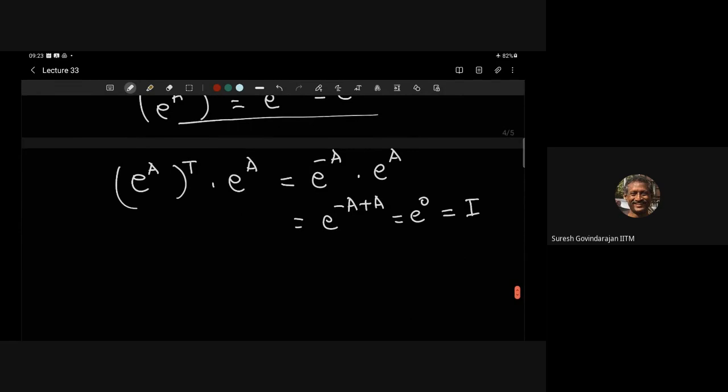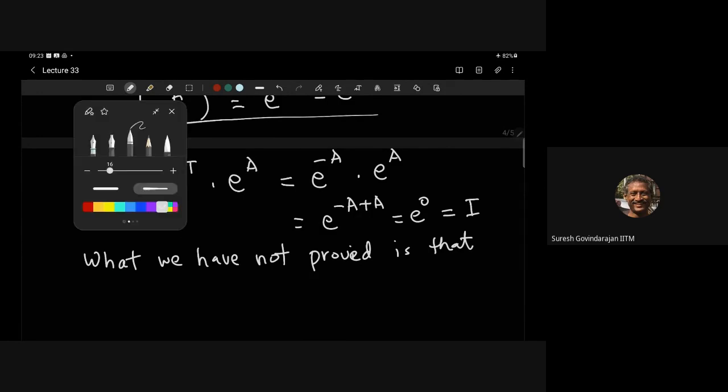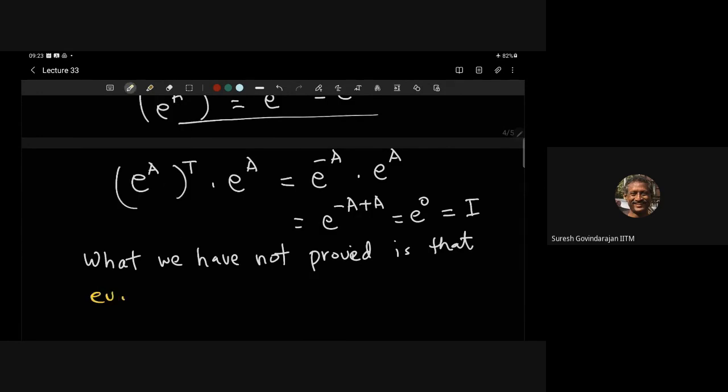We have not proved that every SO(N) matrix appears this way.